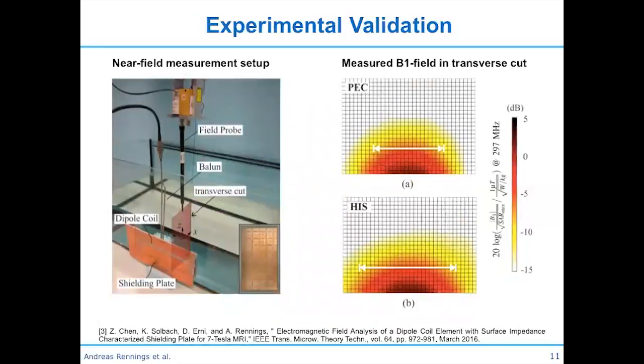Here I show you an experimental verification, a validation. In the left column, you see some parts of our near-field measurement setup. In our lab, currently we can measure multi-channel coils. So we have 8 individual channels that can be tuned in terms of magnitude and phase. And we can measure electric and magnetic fields by using these field probes from SPEAG.